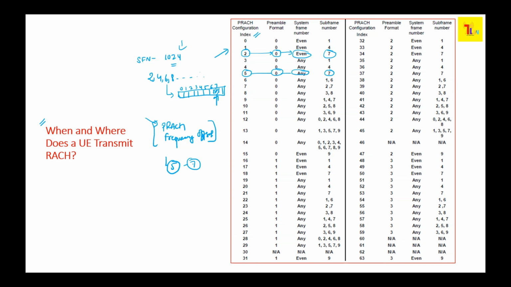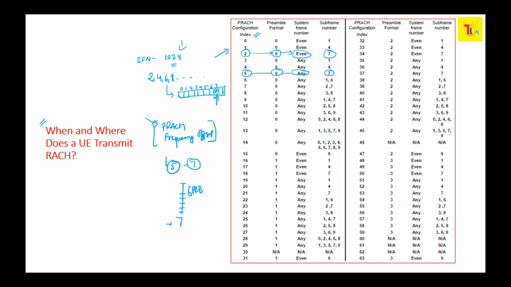What exactly does that mean? It is telling that the transmission occupies resource blocks starting from 7. It is going to start from RB number 7 and it will go until exactly the 6 PRBs complete, like 7, 8, 9, 10, 11, 12.